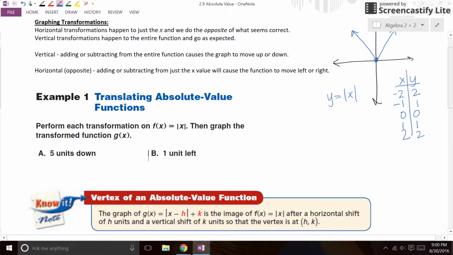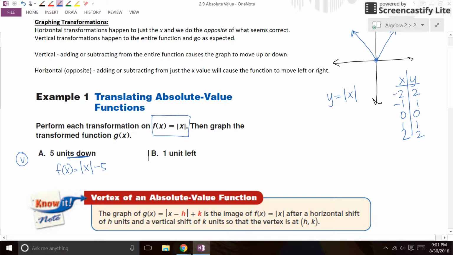So let me show you what I want to talk about here in this first example. In example 1, I want to take an absolute value function and I want to move it 5 units down. If I want to move it 5 units down, that's in the vertical direction, and that's normal. So all you do is you take the function, whatever it is, and you do to that entire function what you would think. 5 units down is just -5.